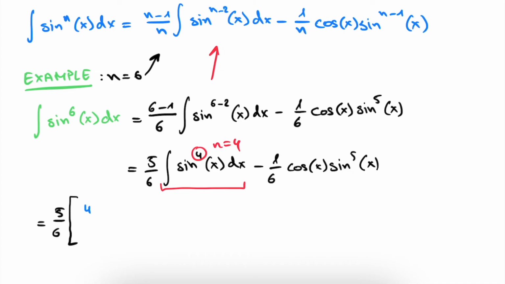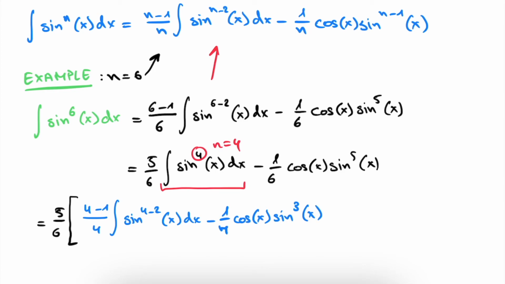So we get (4 minus 1) divided by 4 times the integral of sine to the power 4 minus 2 of x dx minus 1 over 4 times the cosine of x times the sine of n minus 1, which in this case becomes to the power of 3 of x. And of course we should not forget this term here, which we just copy. So 1 over 6 times the cosine of x times the sine to the power of 5 of x.